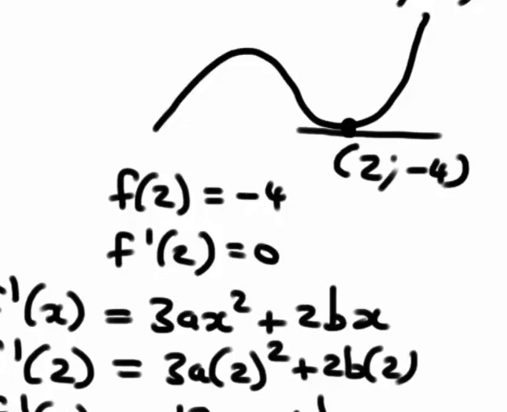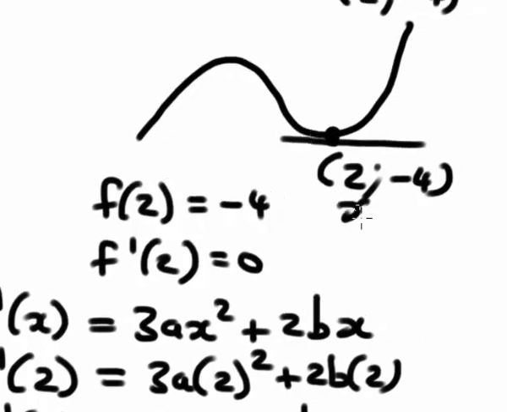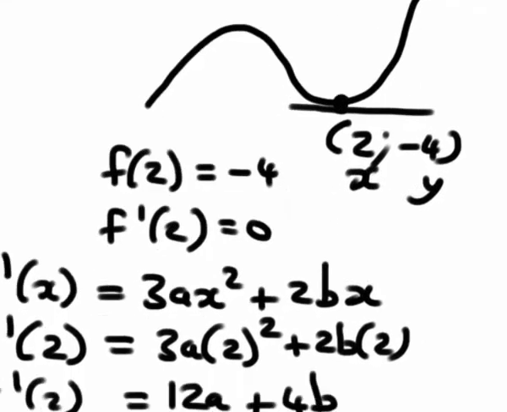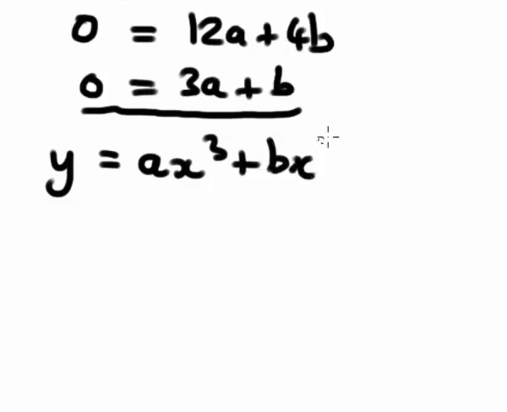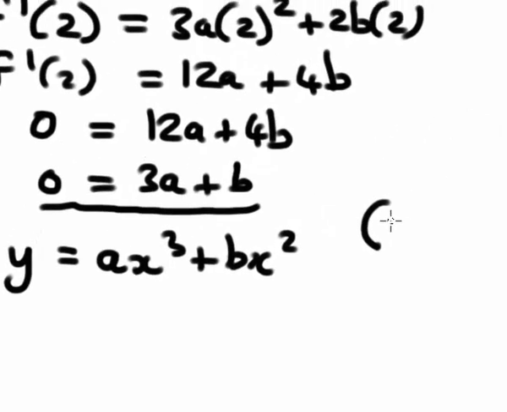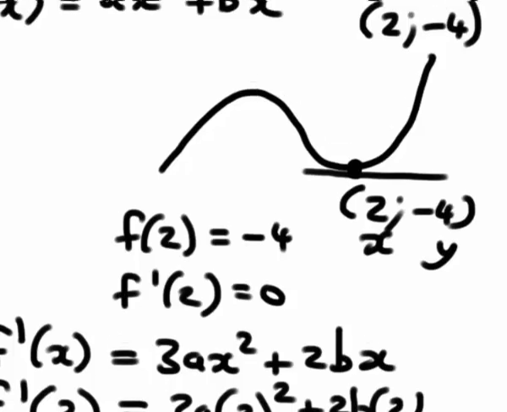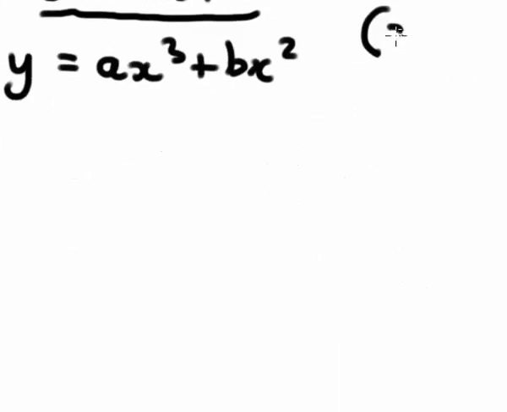But would you agree that this point also lies on the curve? So we can get another equation. If y is equal to ax cubed plus bx squared, we sub in that (2, -4) as your x and your y.